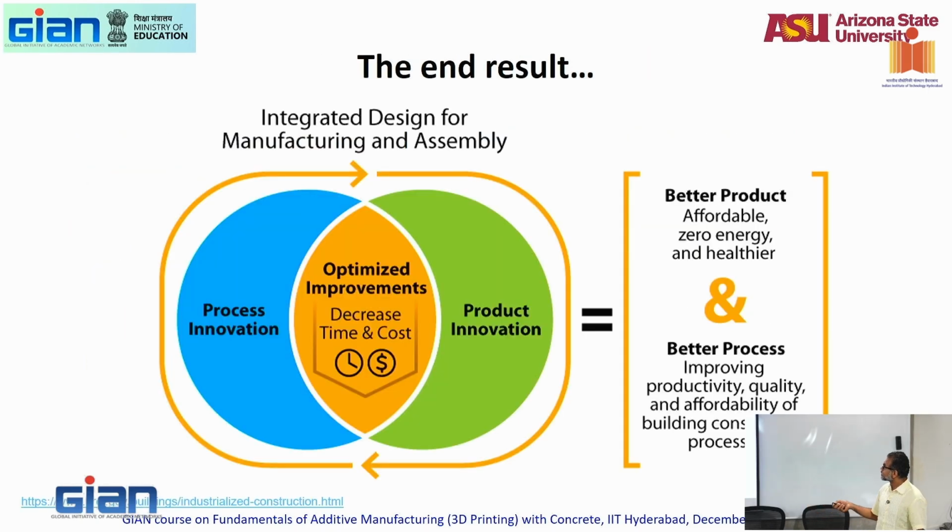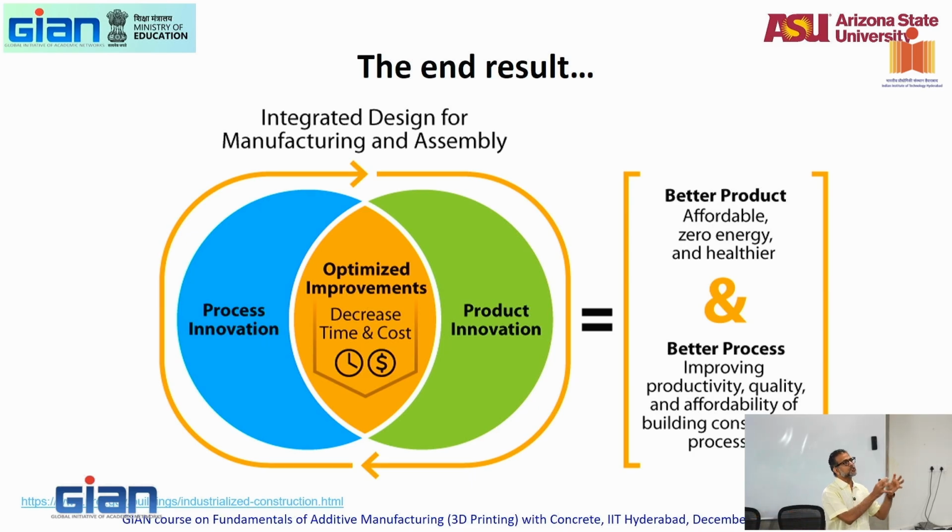So what they eventually want is integrated design, manufacturing and assembly, process innovation, optimized improvements, and product innovation. Look at your constructed output as a product, right? If I have a building, what are the components? I have walls, beams, columns, roof, and functional elements like plumbing.